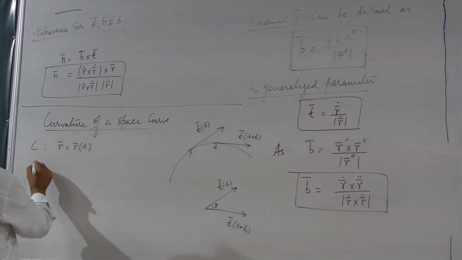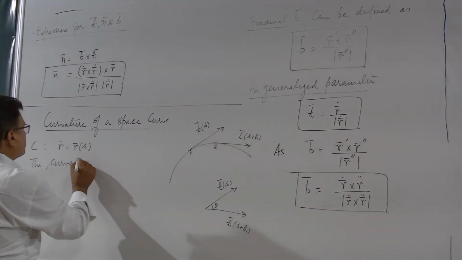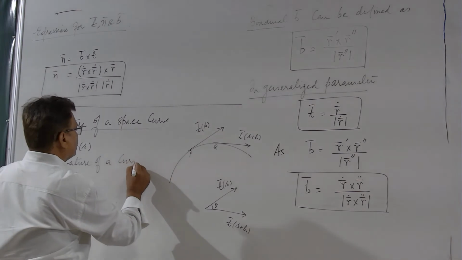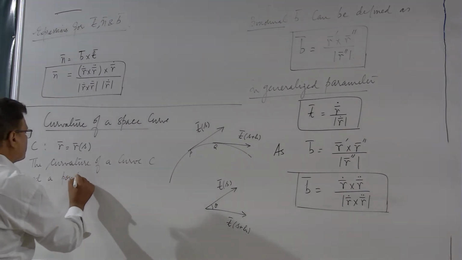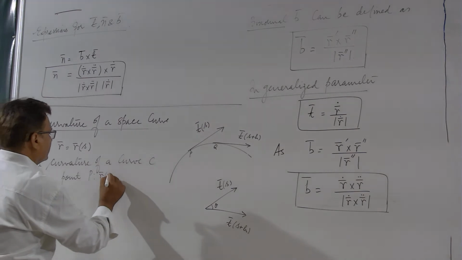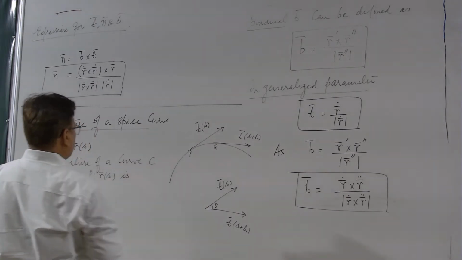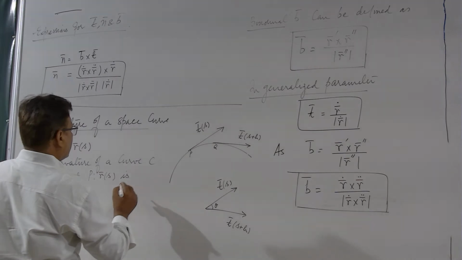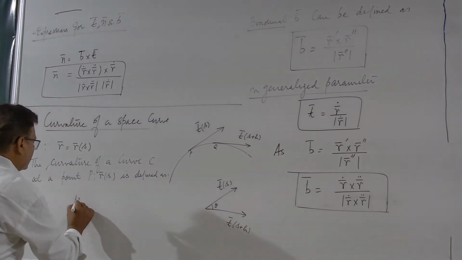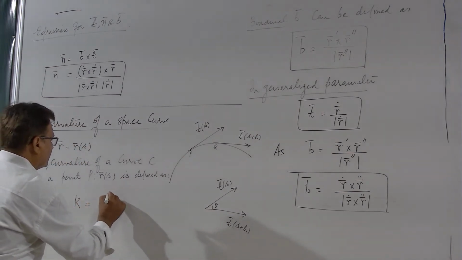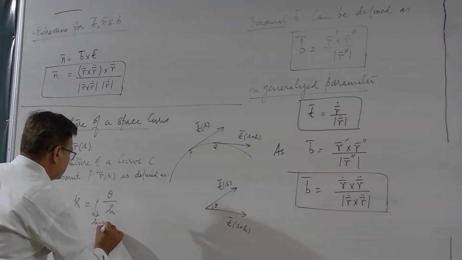The curvature of a curve C at a point P, where P is r(s), is defined as k equal to the limit of theta upon h when h tends to 0.